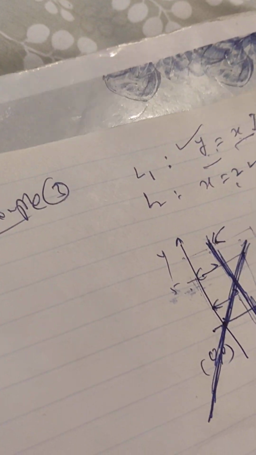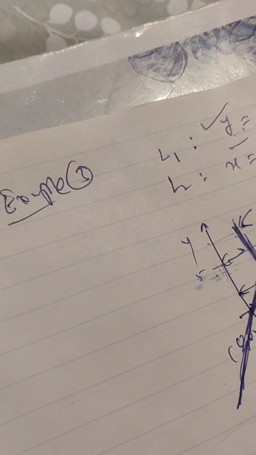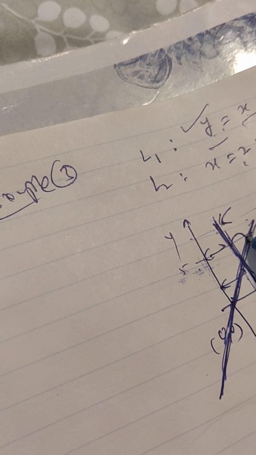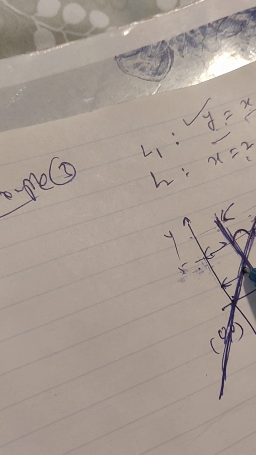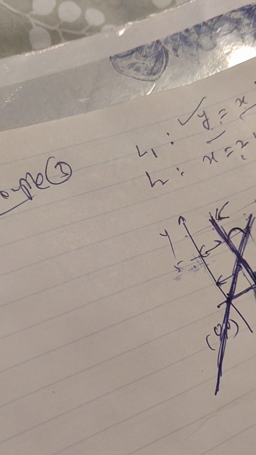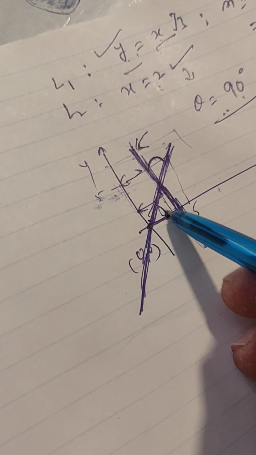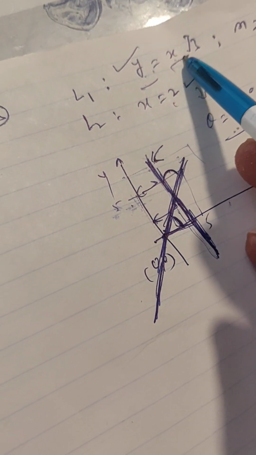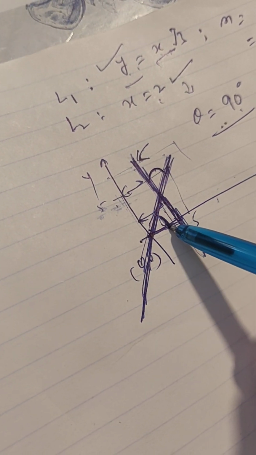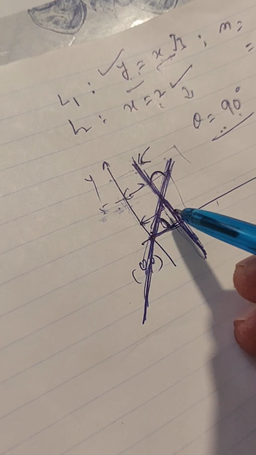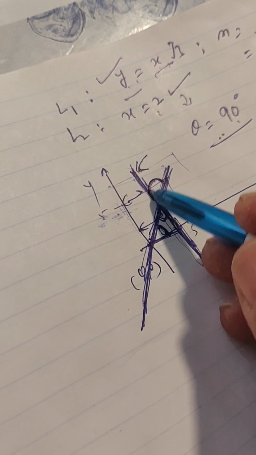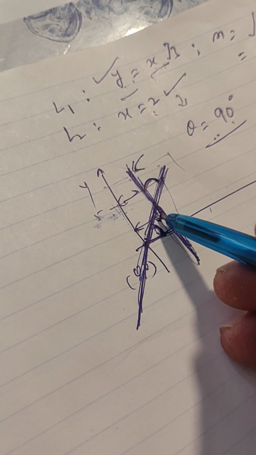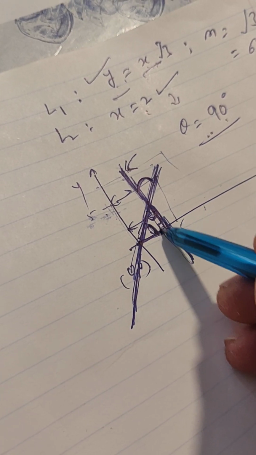Now here what I will do, the angle between these two lines. So this is the angle. If I take up this right angle triangle, this is my M of this line, right? This is under root 3. I am interested in knowing the angle between these two. So that means this angle, and this is 90 degree.